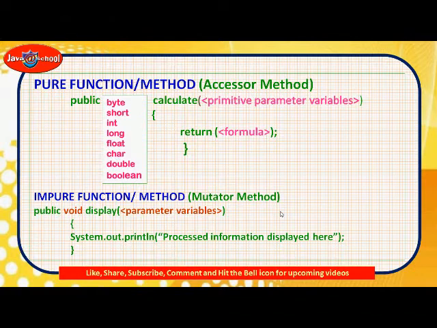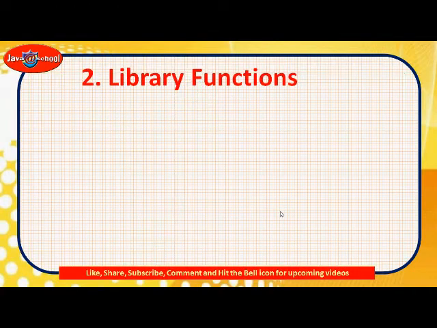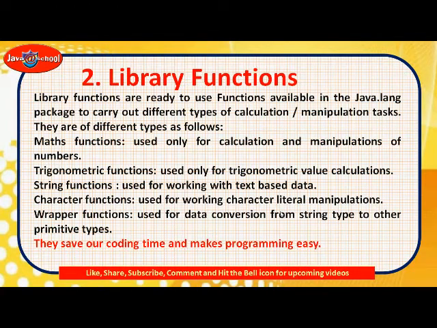Now next, library functions. Library functions are ready-made functions which are available in the Java language package to carry out different types of calculation work and manipulation tasks. They are of different types as follows. Number one, math functions are meant for mathematical calculations of numbers. There are trigonometric functions, used for trigonometric calculation of values.